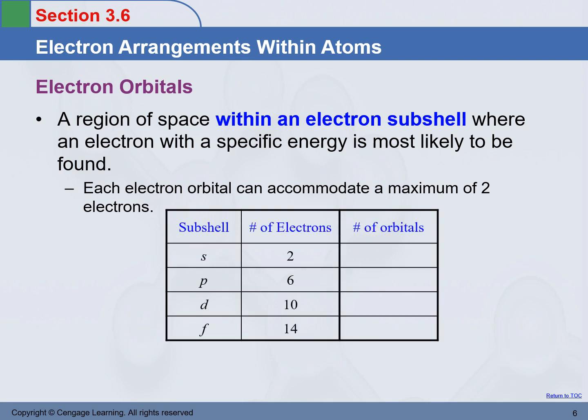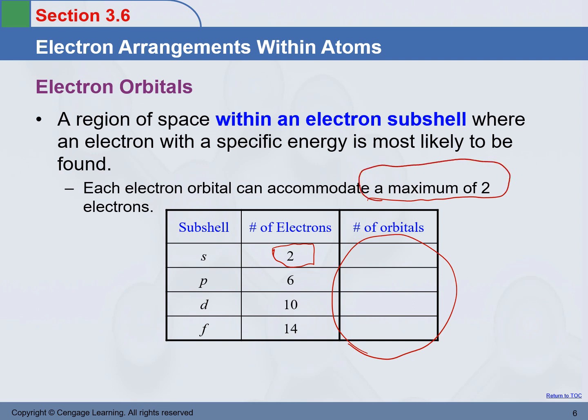All right, if that's the case, let's see if we can fill in these blanks. How many orbitals are there in each different subshell? Remember, we're in a subshell right now. We look around, we see orbitals. Subshell s can hold only 2 electrons, and each orbital can hold 2 electrons.